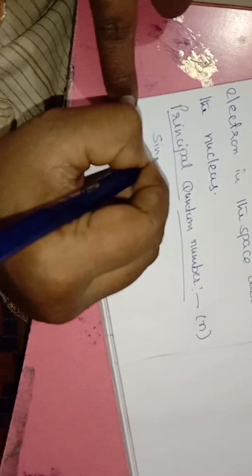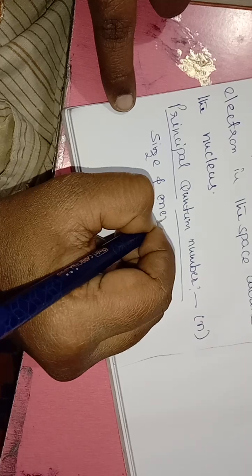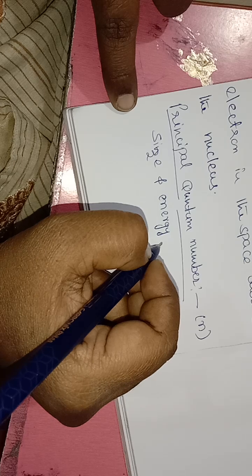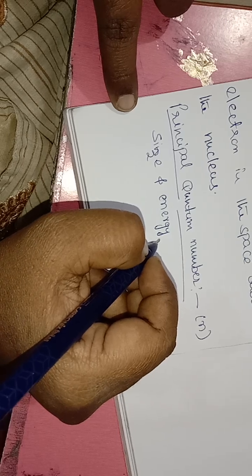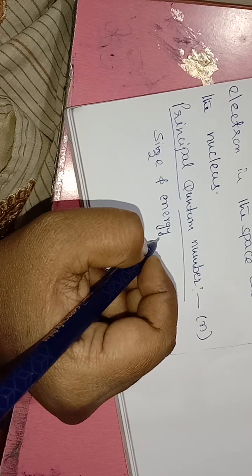Okay, it is indicated by n, right? The principal quantum number is related to the size and energy of the orbital. Size and energy of the main shell.